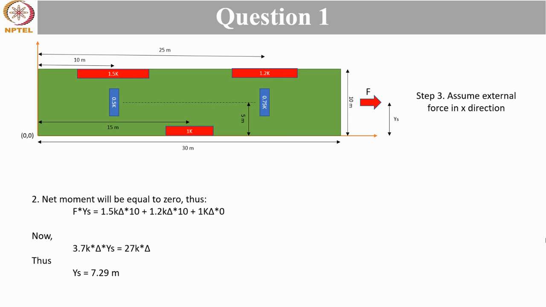So net moment equation will be given as F into ys is equal to 1.5k delta into 10 plus 1.2k delta into 10 plus 1k delta into 0.